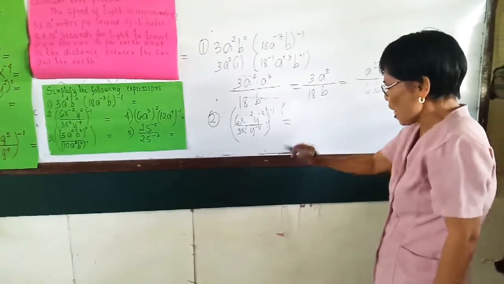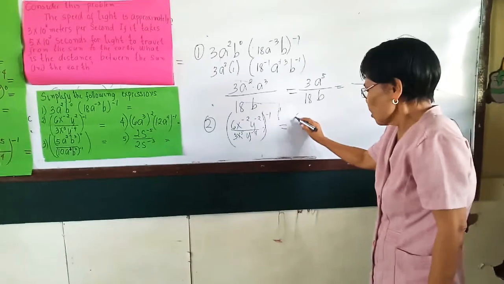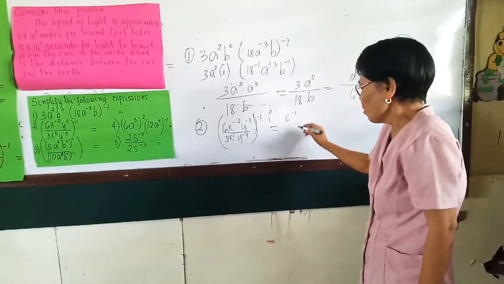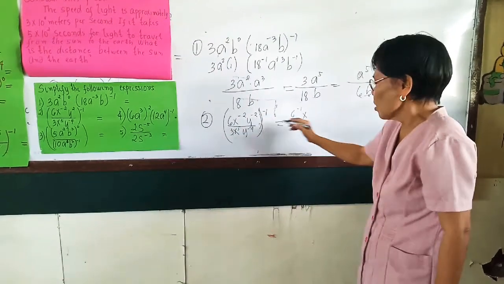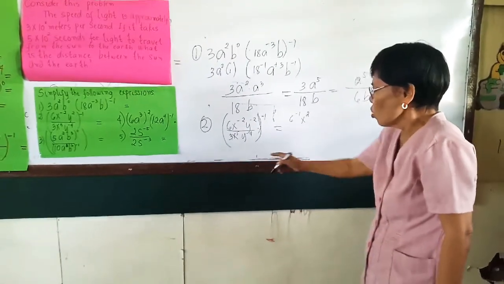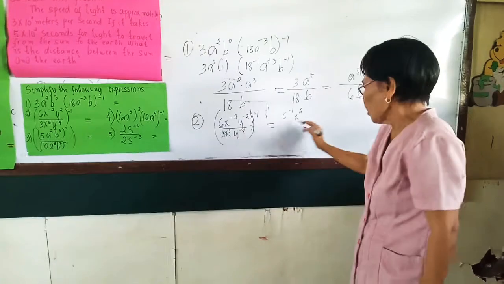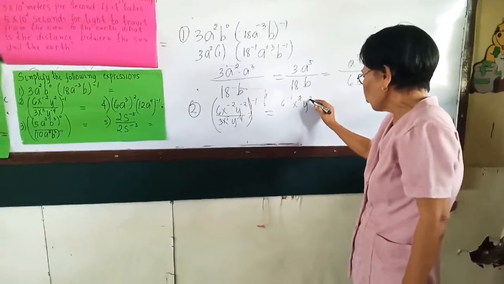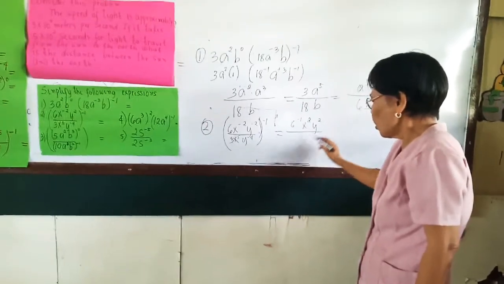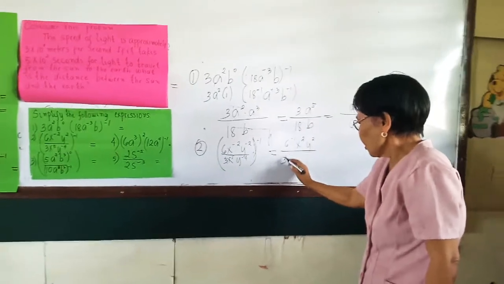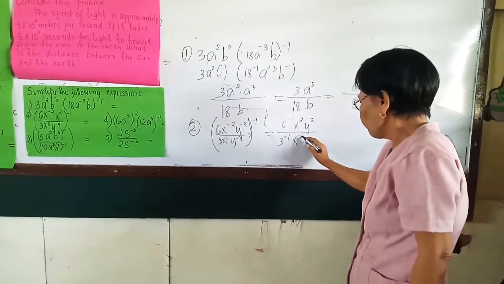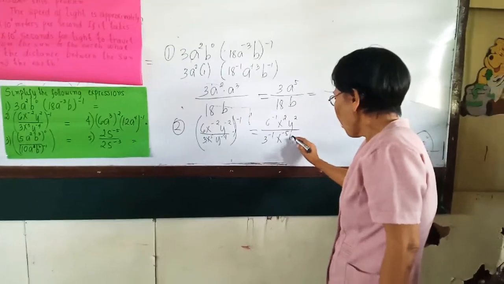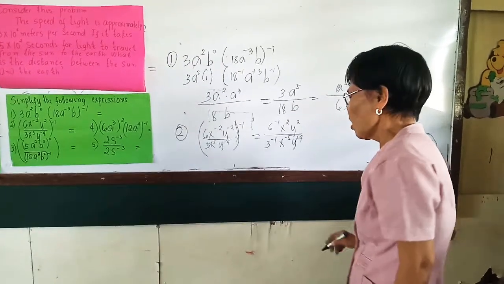Again, simplify. 6 negative 1 times x, negative 2 times negative 1 equals positive 2. Negative 2 times negative 1, again, y is equal to 2 over 3 negative 1, x negative 5, y positive 4.